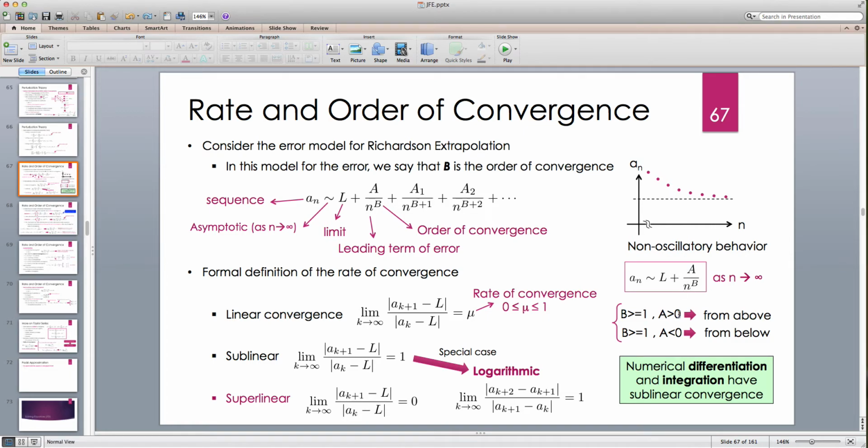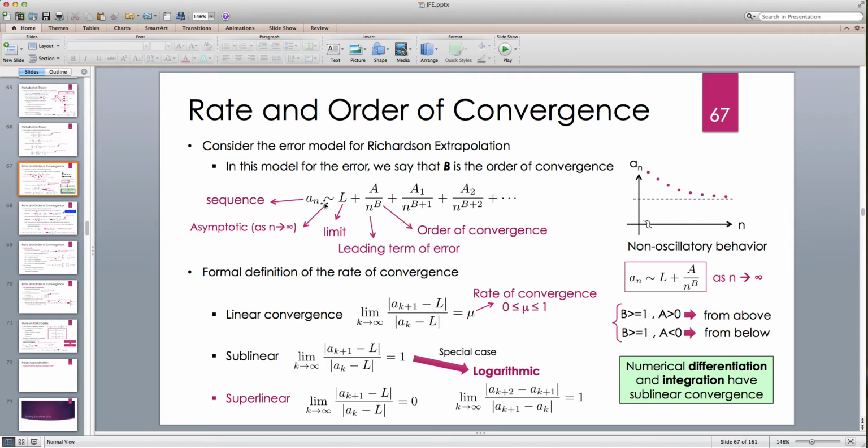And if a is positive, then the error always remains positive, so we are always above the actual limit, so the sequence approaches the limit from above. And if a is negative, then we are approaching the limit from below.